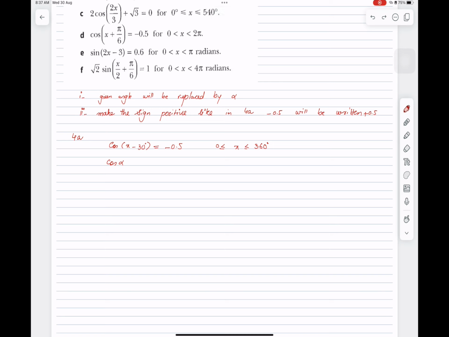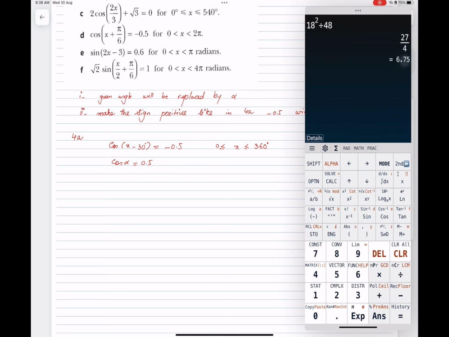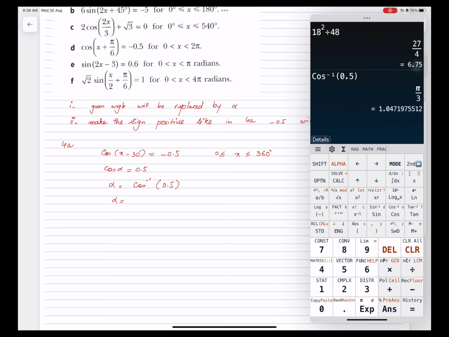So this is cos alpha is equal to 0.5, and now you can grab your calculator and find the value of alpha. But remember, we have made minus 0.5 positive and we have replaced x minus 30 by alpha. So now you will write alpha is equal to cos inverse 0.5. If you put this value in the calculator, you will get 60 degrees.